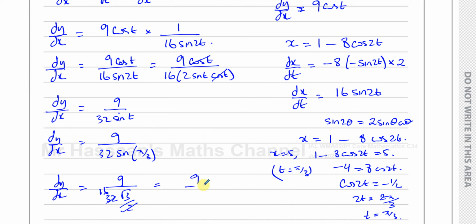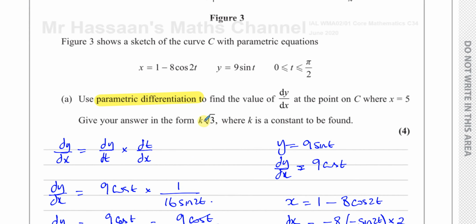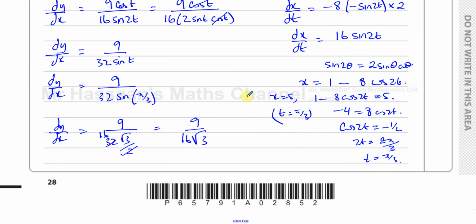You're left with 9 over 16 root 3. That's not rationalized, and the question wants it rationalized, so we multiply both the top and bottom by root 3. We're left with 9 root 3 over 48. Is that right?